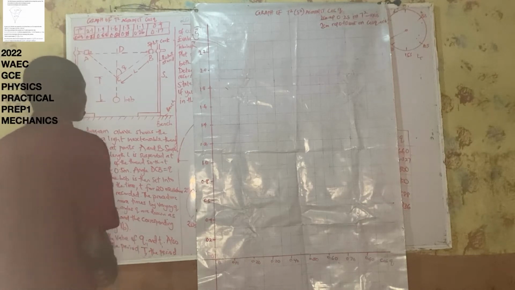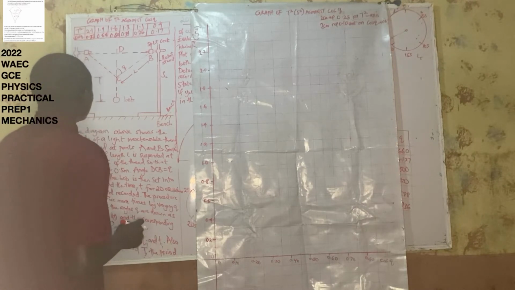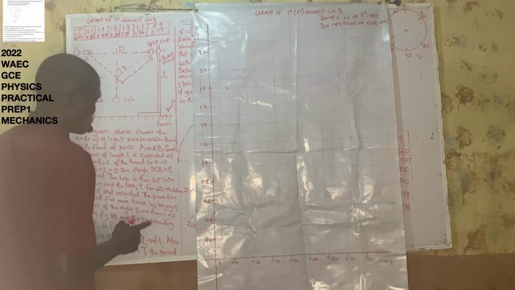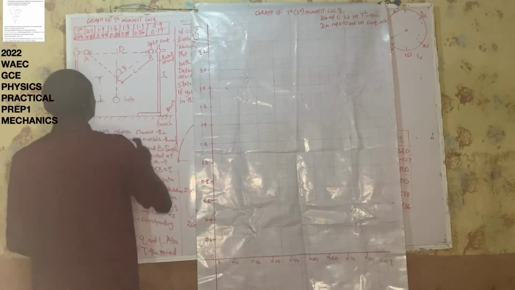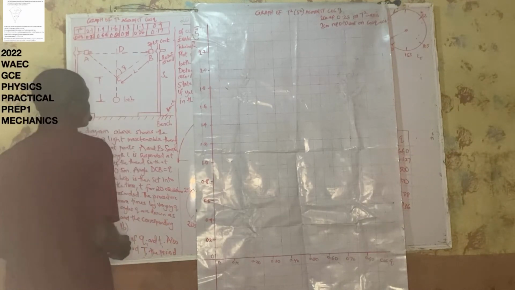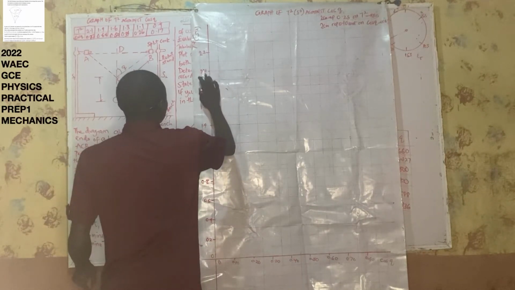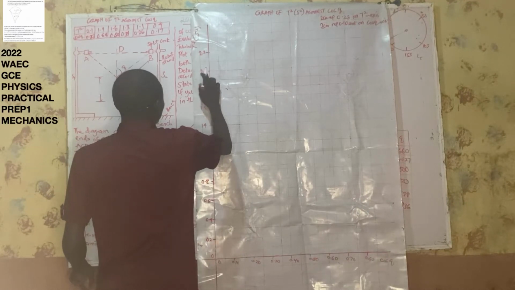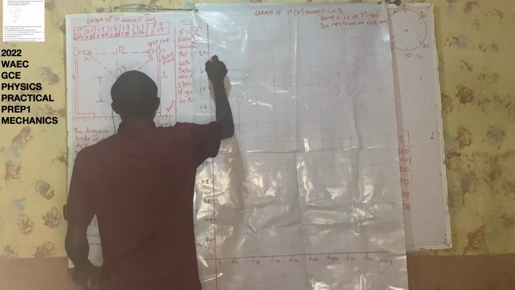2.1 now. 2.1 will be what? Look at this. We have 0.2. So meaning that each box is 0.02, because 0.2 divided by 10 will be 0.02. Now, if this is 2.1, how do you get 2.1? This is going to be 2.2. So this is 2.0, this is 2.02, this is 2.04, this is 2.06, this is 2.08, this is 2.1. So exactly this is 2.1.